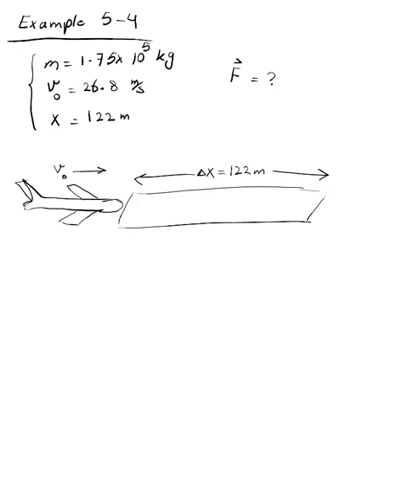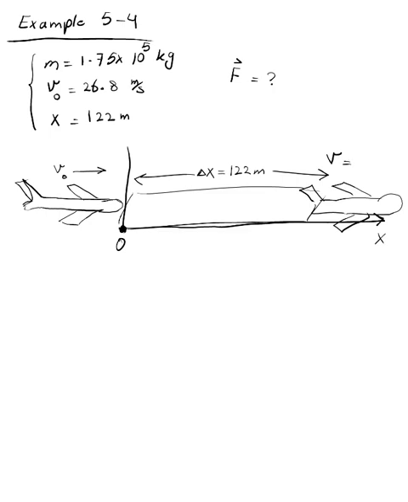If I just set the coordinate system at 0 right here, so this is my coordinate system, when the airplane stops, now the airplane is here. This means that v is 0 here. So the final v is going to be 0 because it is stopping.